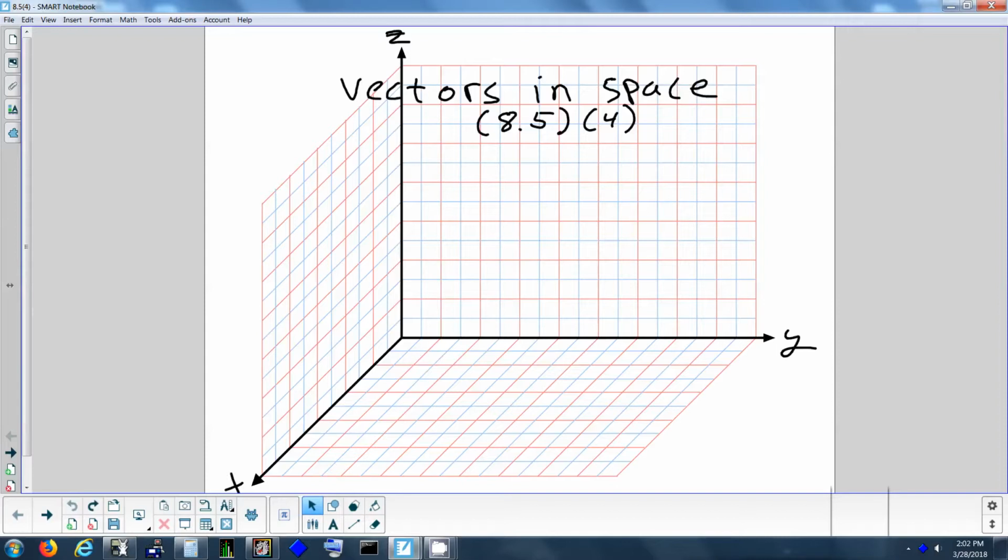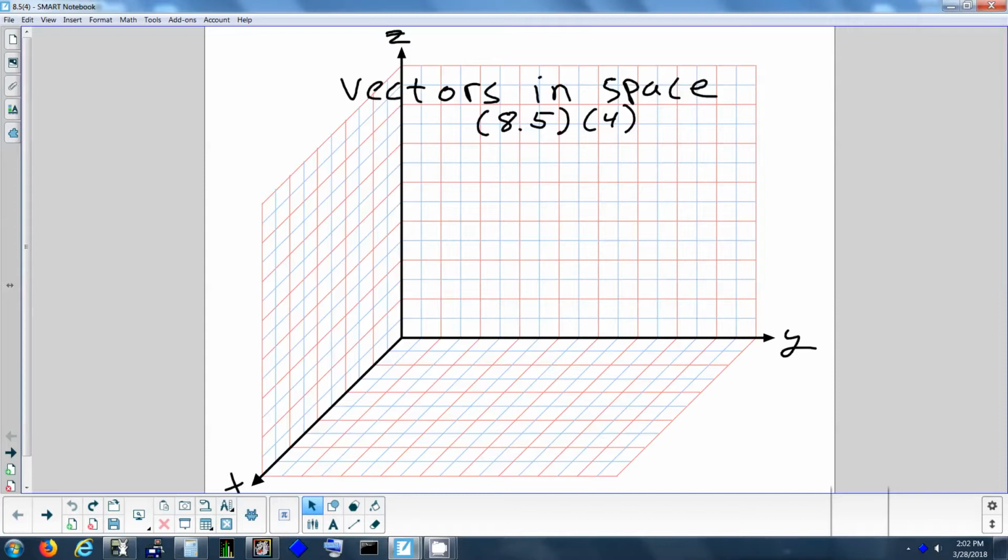The coordinate system is what we call right-handed. What that means is if your index finger points in the direction of the positive x and your middle finger points in the direction of the positive y, your thumb will point in the direction of z. As long as you know the directions of x and y, your thumb will tell you which way z goes.